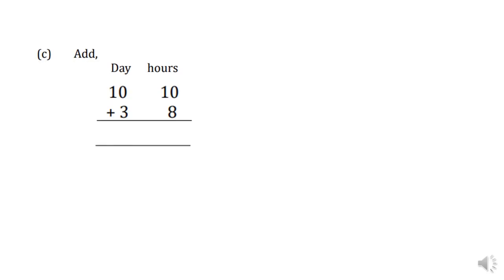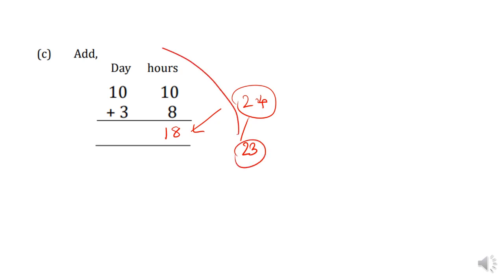Okay, now let's move on to the last part of this question paper. This is going to be 0 plus 8, this is 8. 1 plus 0 is 1. You have to add these hours and days. If you get any number above 24, you can't write it. Actually, the maximum number you can write here is 23, because if you get 24, that means it is 1 day, and 1 day should be taken to the days.